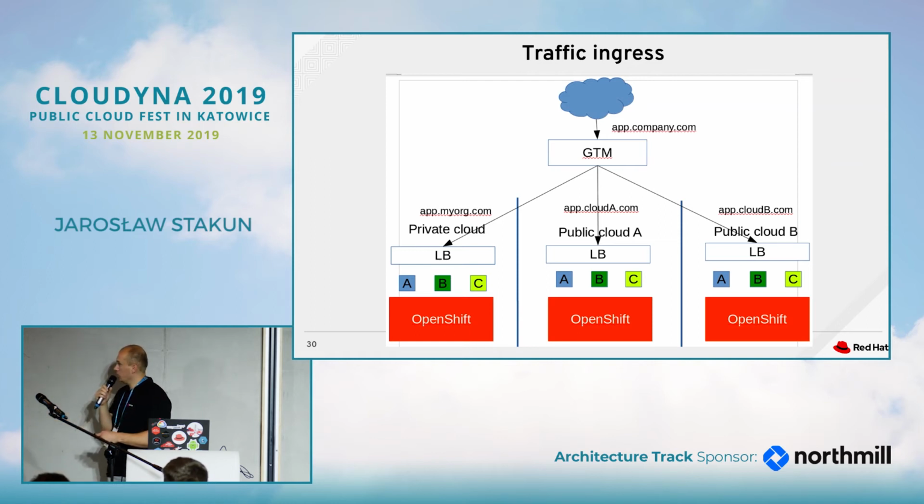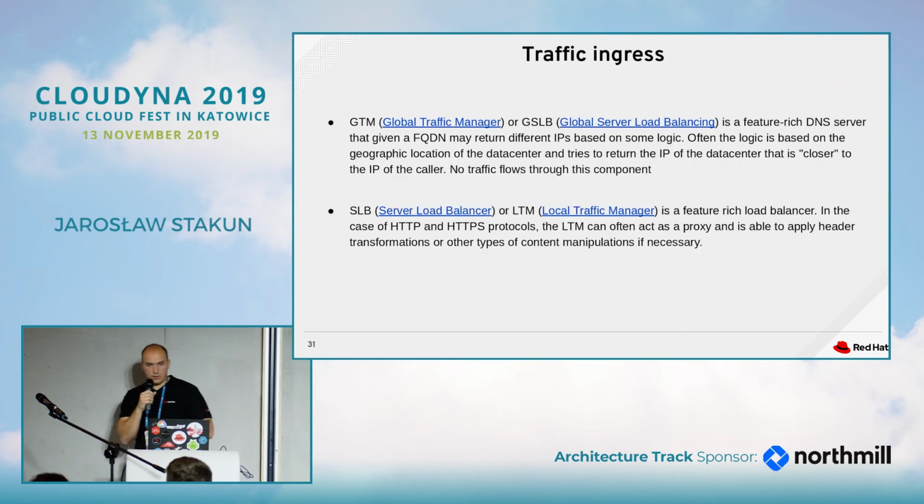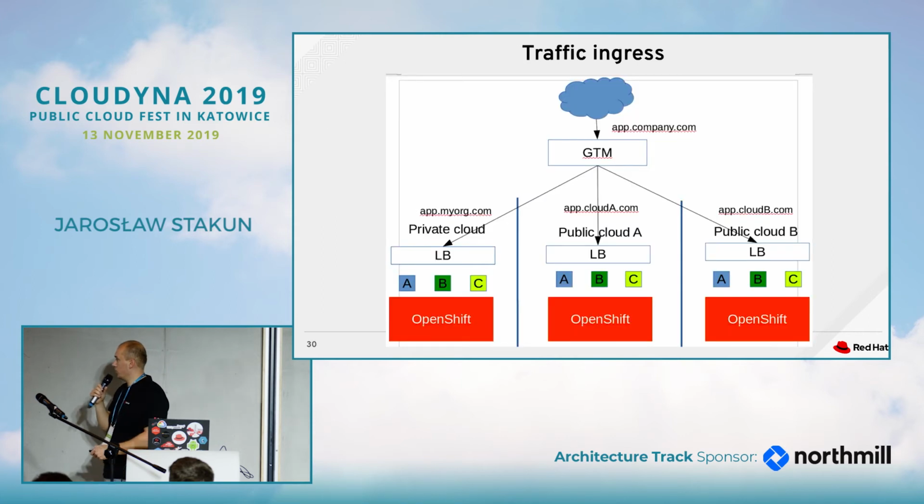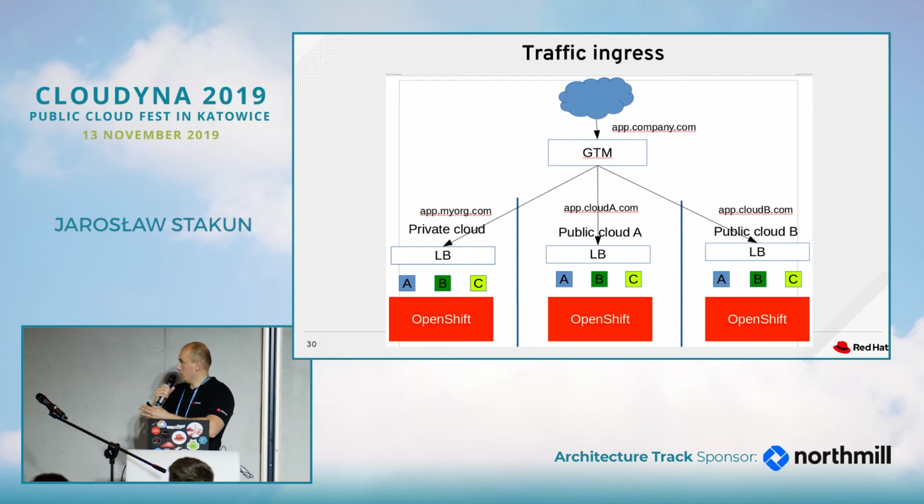Global Traffic Manager is a DNS server. So the traffic does not flow through this GTM. It simply returns the IP addresses of one of the load balancers that are running and that are accepting the traffic in data centers.